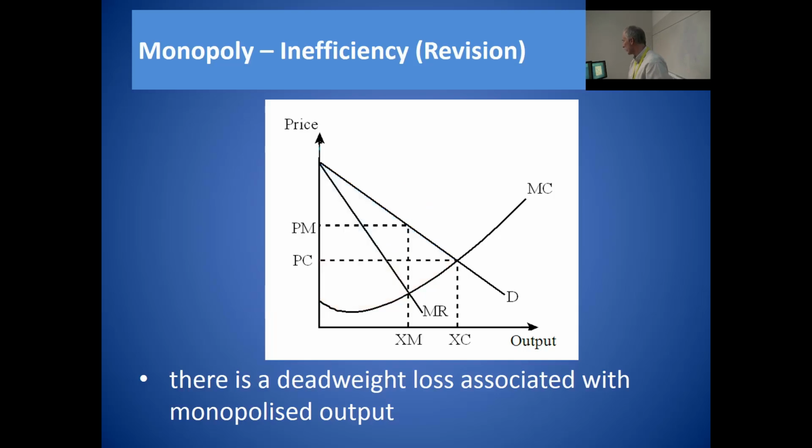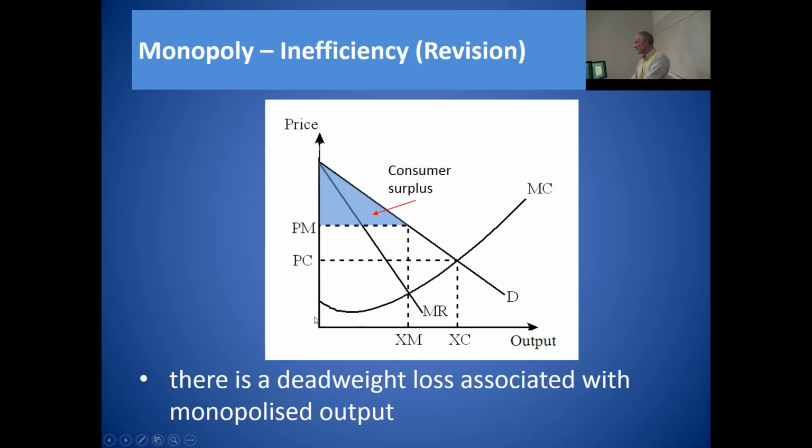Very quickly then, just to identify that, again there is consumer surplus. Consumer surplus is the net benefit that consumers derive, paying a lower price for something they would have been prepared to pay more for. It's that area above the price line and below the demand curve.